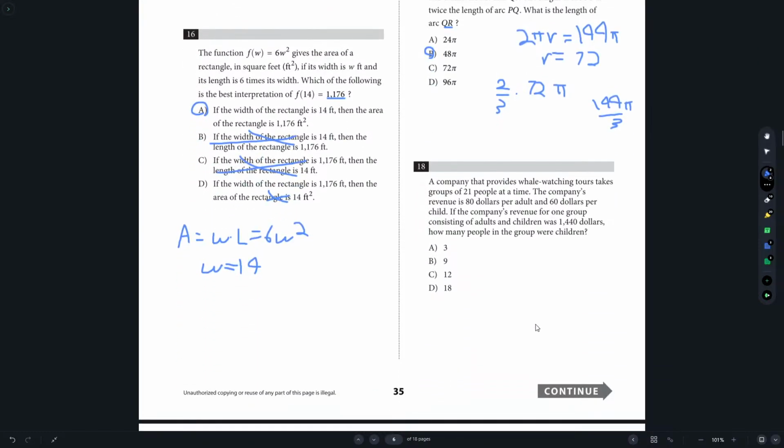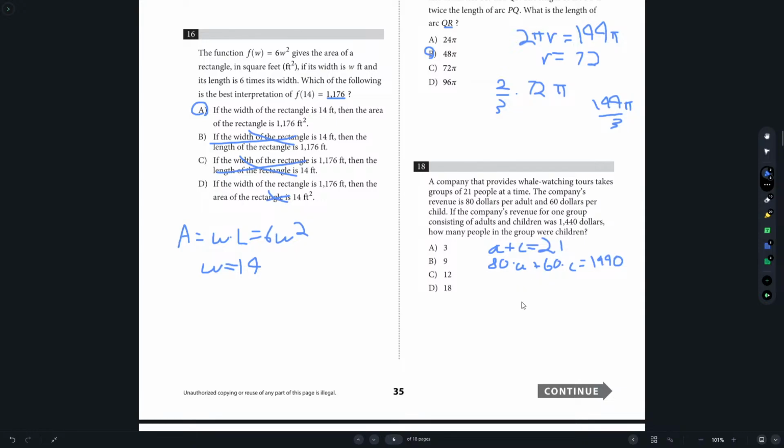A company that provides whale watching tours takes groups of 21 people at a time. The company's revenue is $80 per adult and $60 per child. If the company's revenue for one group consisting of adults and children was $1,440, how many people in the group were children? So we have adults plus children is equal to 21, and 80 times the adults plus 60 times the children is equal to 1,440.